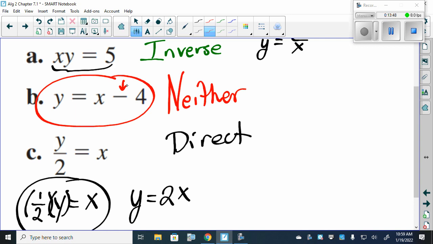Because if we look at all of these here, all of the different versions of direct and inverse variation, what are x and y doing in any of these where they're on the same side of the equal sign? They're being multiplied or divided, yes? And if they're on opposite sides of the equal sign, well, that variable and the constant term are either multiplied or divided, yes?